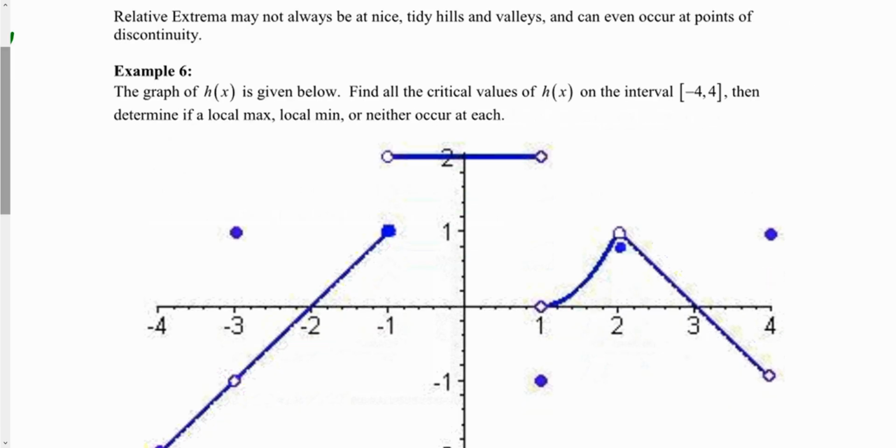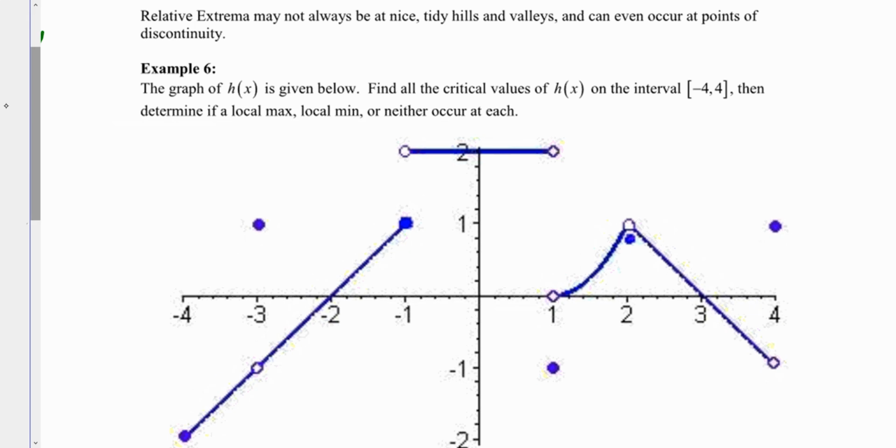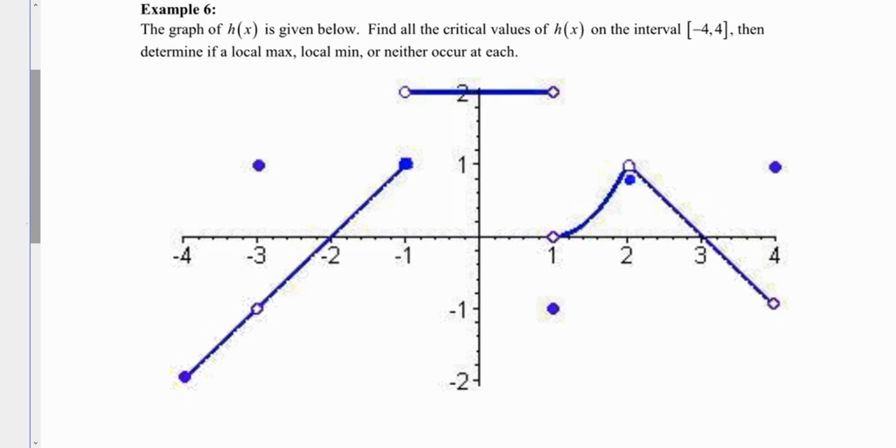All right, relative extrema may not always be at nice, tidy hills and valleys, just like the last example. So we're going to pick up this master example here. The graph of h of x is given below. Find all the critical values. And remember, that's where the derivative equals 0 or is undefined, on the interval, and then determine if a local max or min or neither occur there.